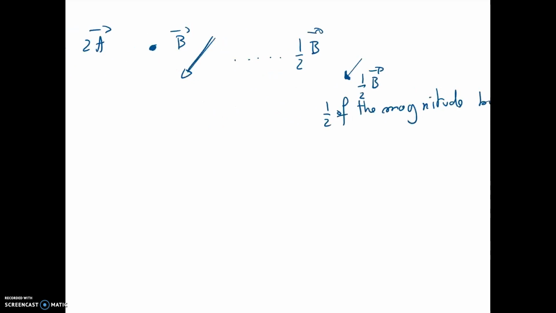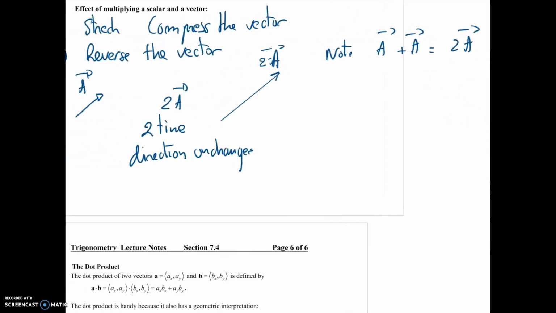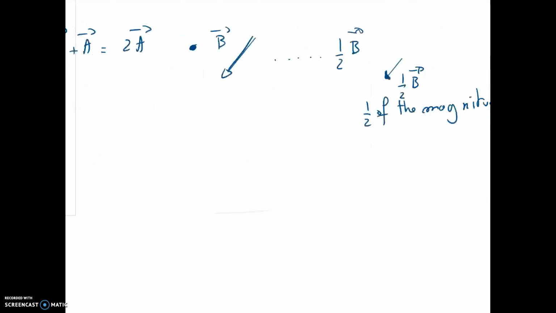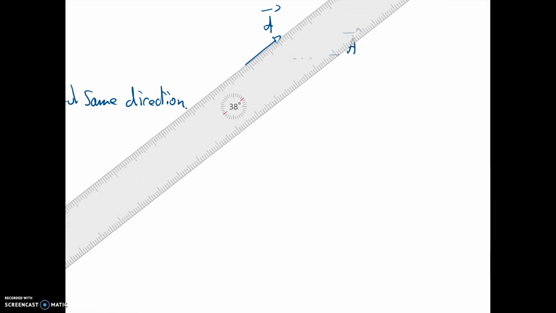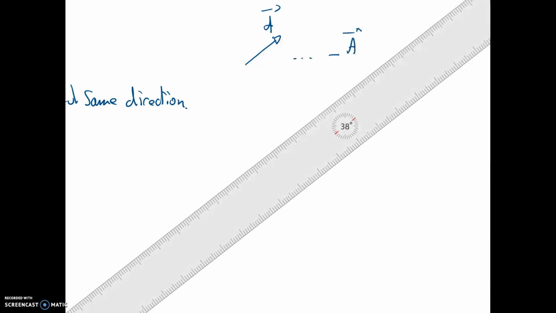Okay, so pretty easy. If you have the vector A like that, and you're looking for negative A, basically it is representing this vector A in the opposite direction.